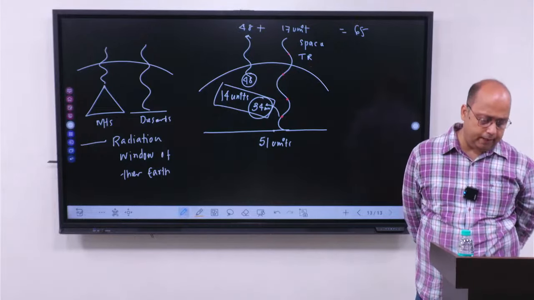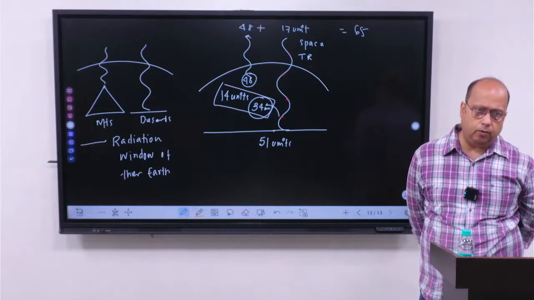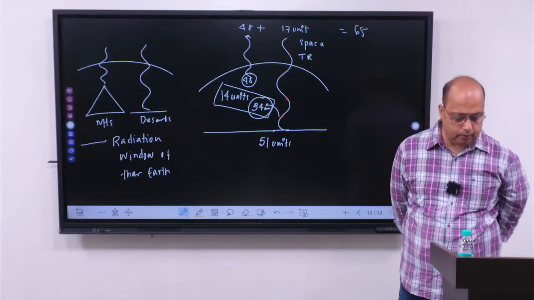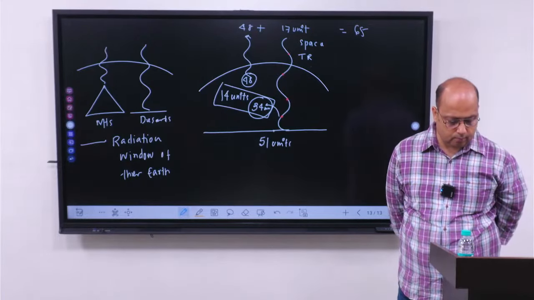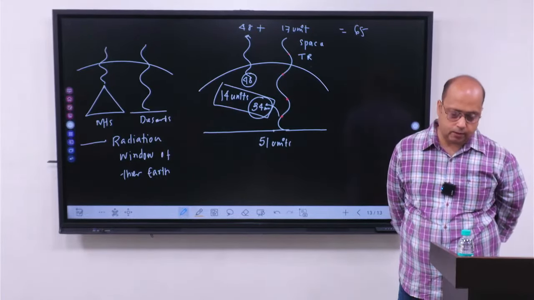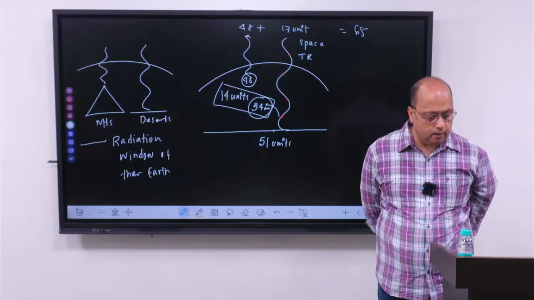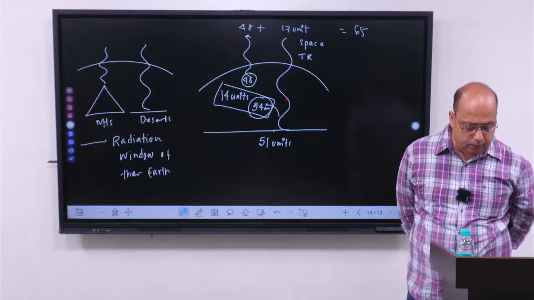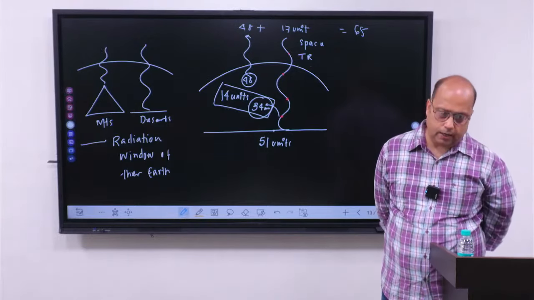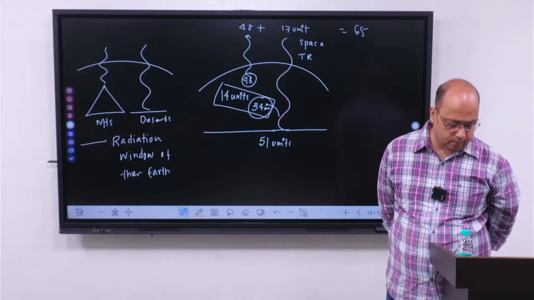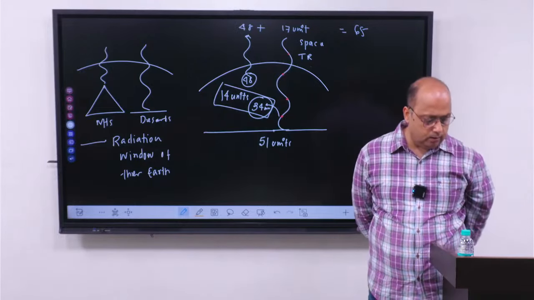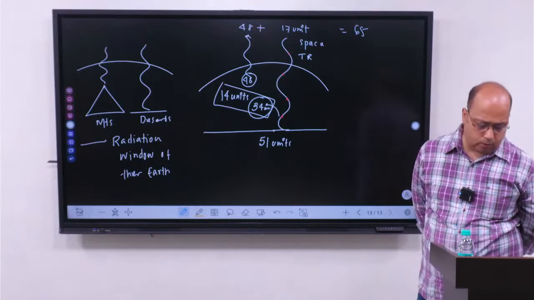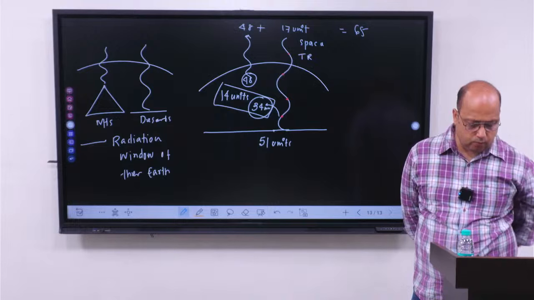In bracket write 34 plus 14 units. Again 48 units escape to outer space from atmosphere.